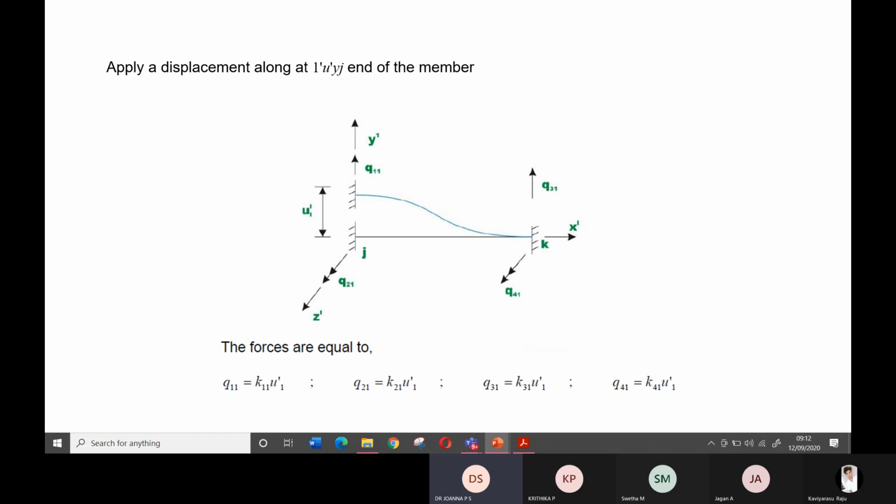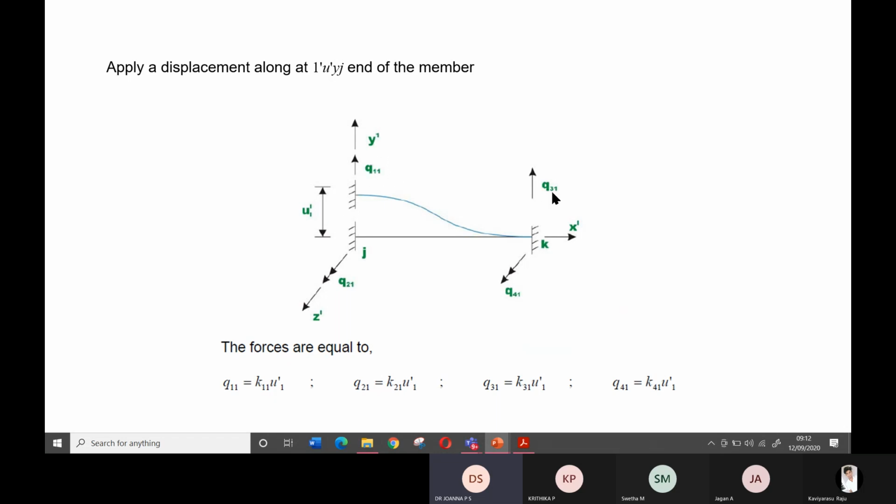When I am applying a unit displacement, the forces I note as Q11, Q21, Q31 and Q41. I am applying a unit displacement of u1 at joint j, and because of that these are the forces.